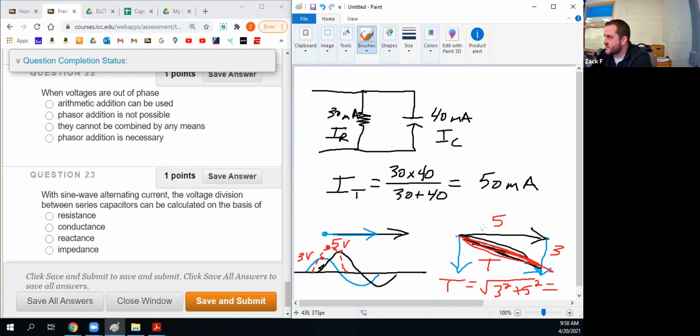Somewhere around 7. 5.8. That's a good guess, Zach. All right, 5.8. So this total right here is 5.8. It's not 8. It's not 5. It's this weird 90 degrees phase shift total.